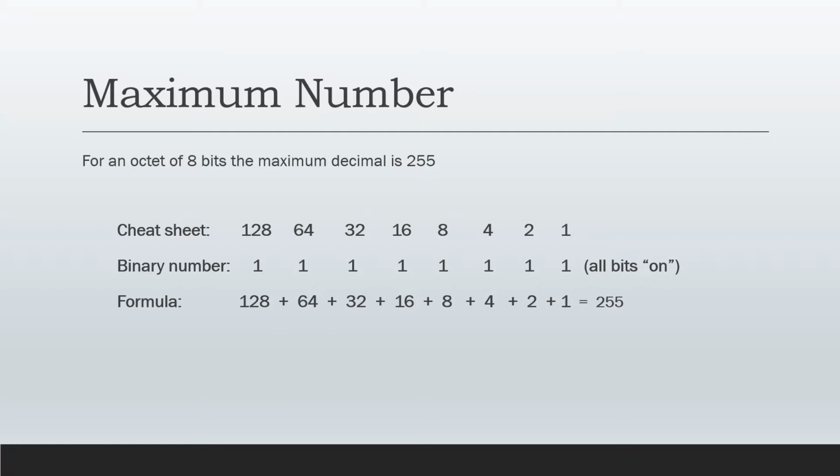As an example, what we're showing here in our cheat sheet, our binary number is all ones, 8 ones. So that means all the bits are on. Our formula is we add each one of the numbers from the cheat sheet for a total of 255. That's our maximum number that we can achieve with an 8-bit binary number.